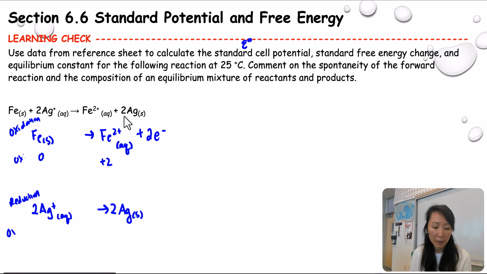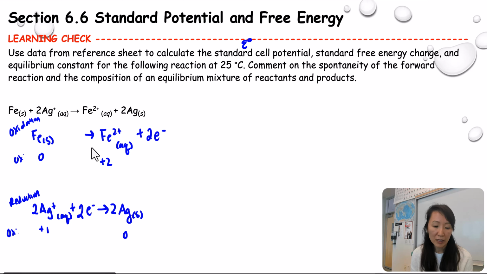The oxidation number for silver is +1, and for silver solid is 0. So you only need 1 electron in order for it to go from +1 to 0. However, it is accounting for 2 silver, so I will have to add 2 electrons. And if you want to think about it, you think about it as having +2 here and a 0 here.